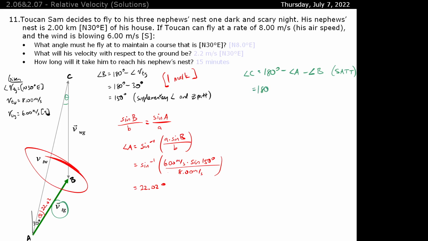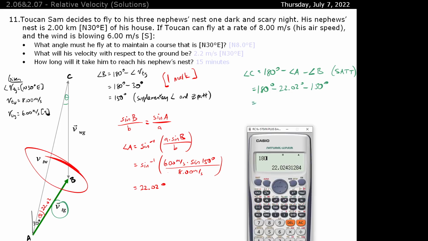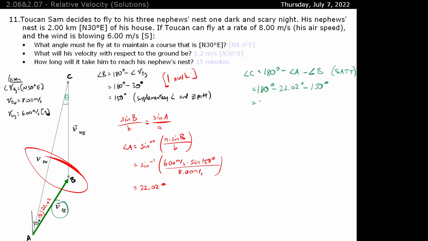So 180 degrees, subtract angle A of 22.02 degrees, subtract 150 degrees will give us 7.98 degrees. And with that, we can figure out VTG.